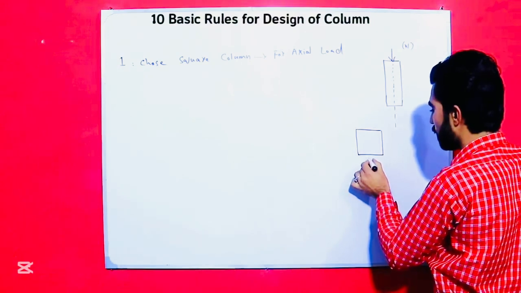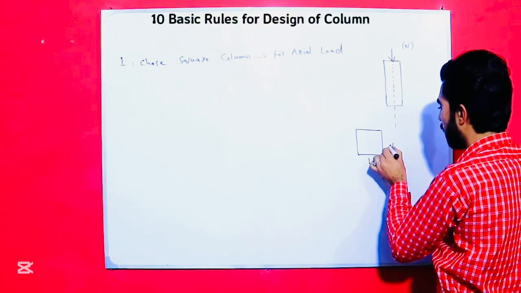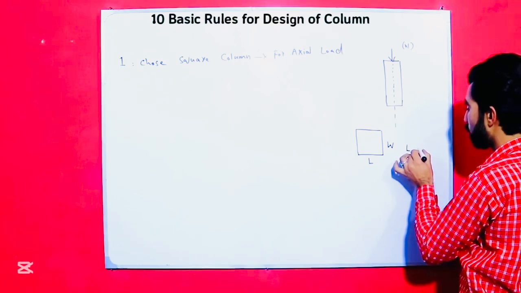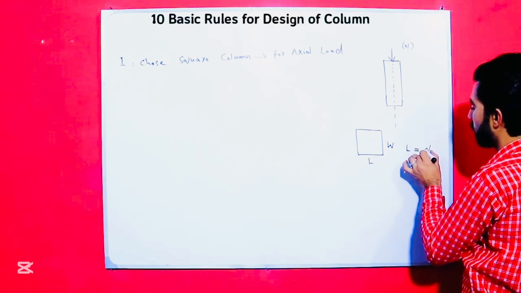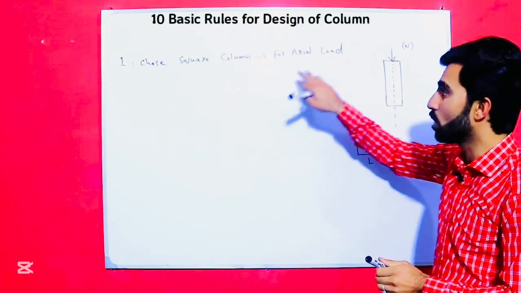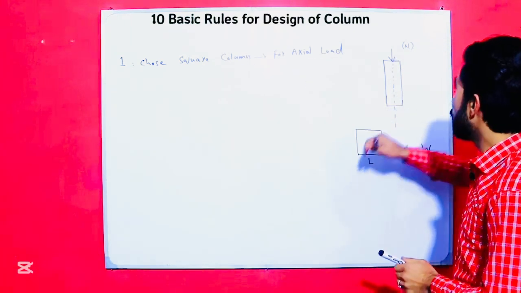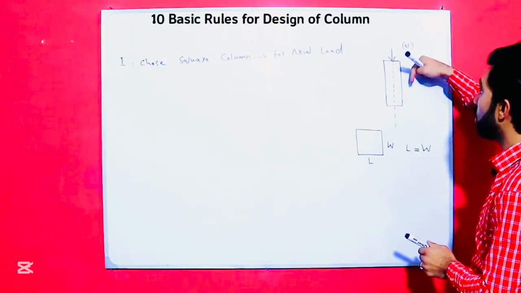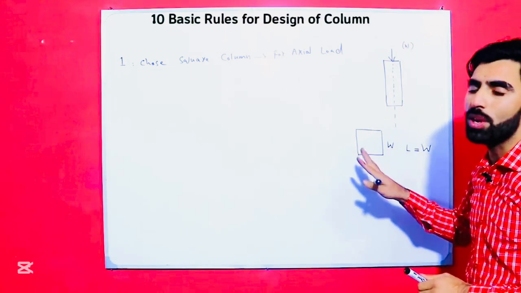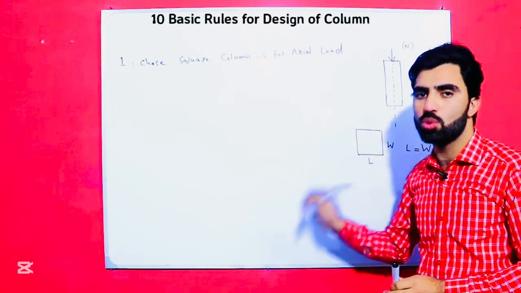As you can see, length and width: length should be equal to its width. In the case of axial load, when the compression load comes on the center of the column, choose square column.